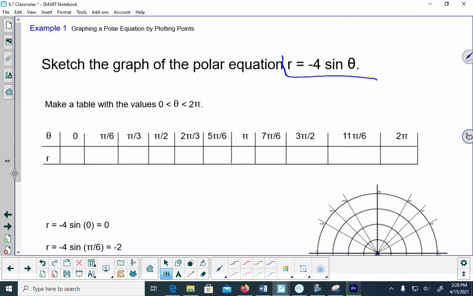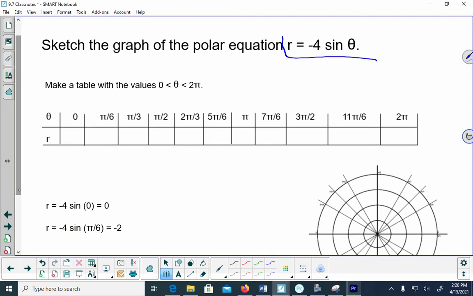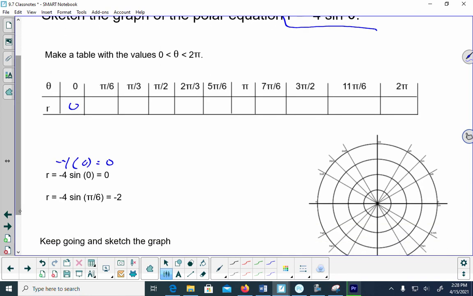When I substitute in 0 for theta, the first one is R equal to -4 times the sine of 0. Well, the sine of 0 is 0, so that's how I get 0. Next, -4 times the sine of pi over 6. The sine of pi over 6 is 1/2, and that's how I get -2.